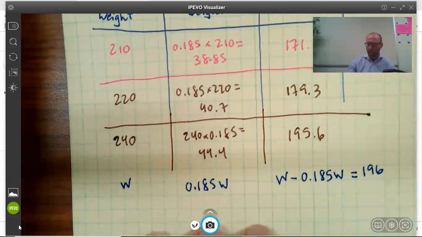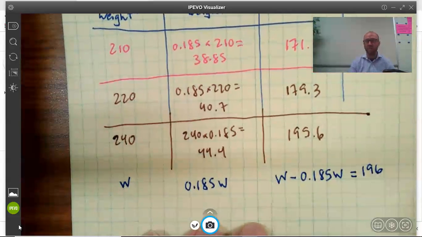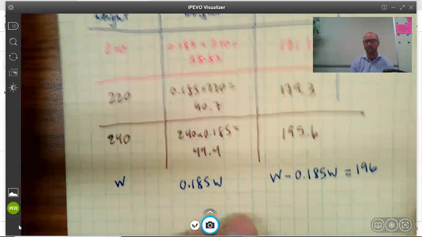So basically we have to solve this equation.